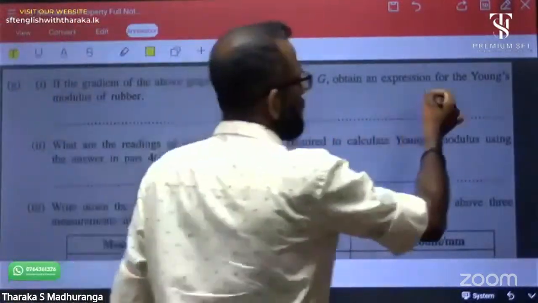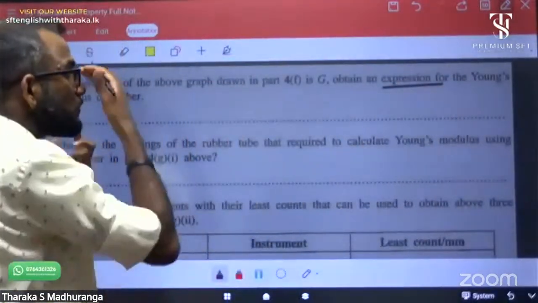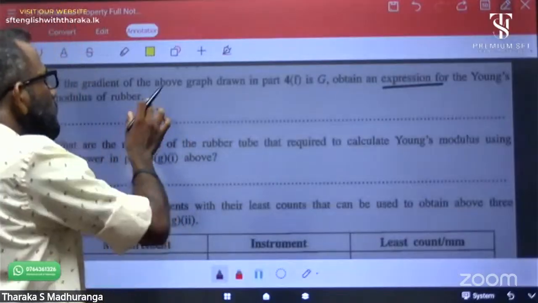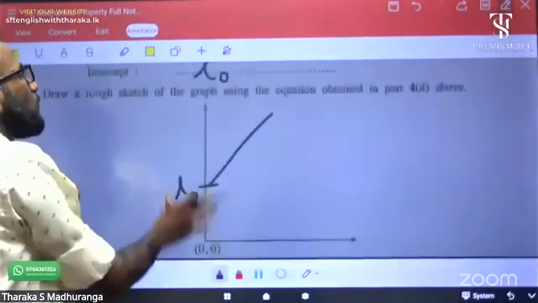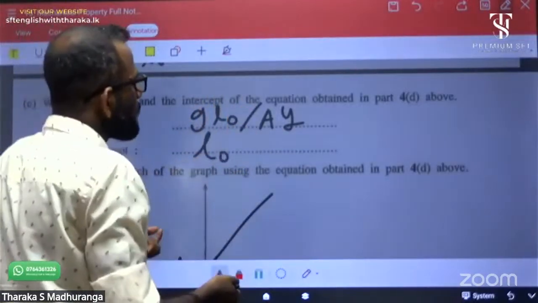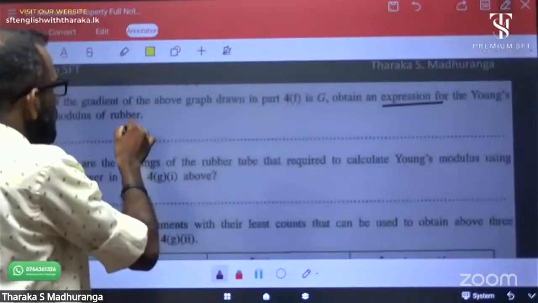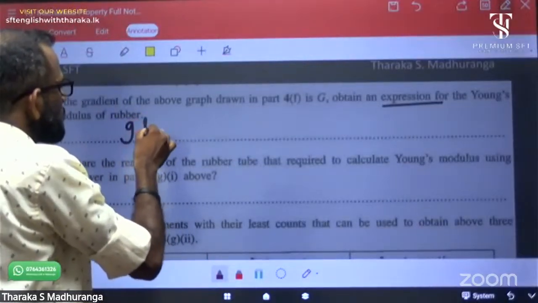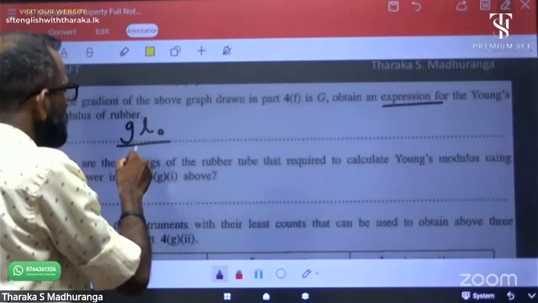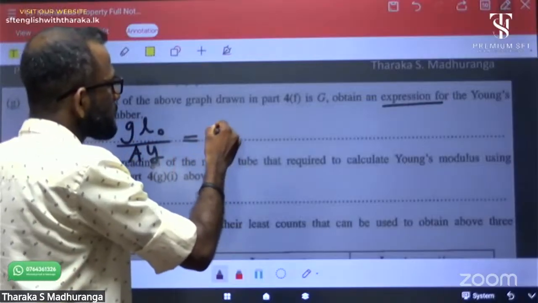An expression is asked, not a value, just using symbols. Now the gradient equals g L naught divided by A Young's modulus, equal to G.